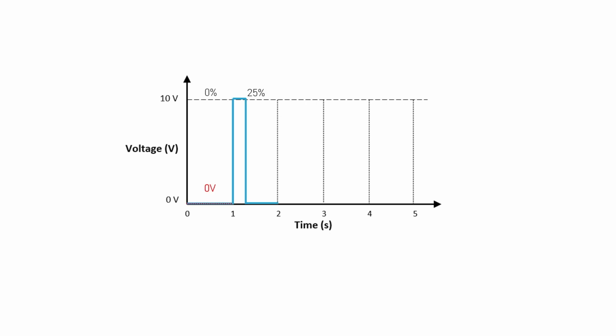When it's at 25% duty cycle, it would be 2.5 volts. 50% duty cycle would be 5 volts. 75% would be 7.5, and when it's 100% duty cycle, it'll be at 10 volts. When it's at 2.5 volts, it will be dim, and as the voltage increases or duty cycle increases, the light will become brighter, and at its brightest, it will be 100% duty cycle, or 10 volts in this example.